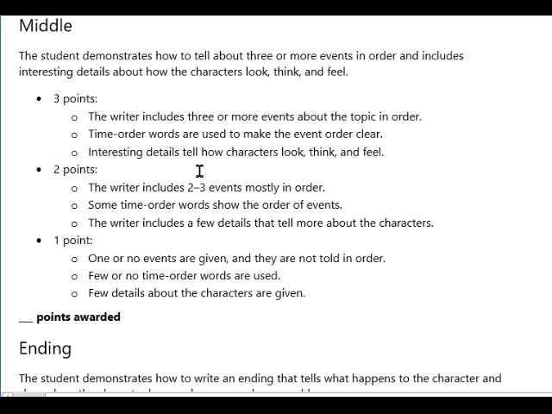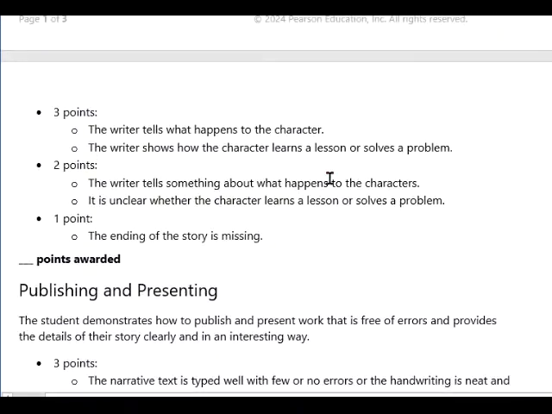Add interesting details to tell how the characters look, think, and feel. You need all of these if you want all 3 points for your middle. In the ending, make sure you tell what happens to the character and make sure you show how the character learns a lesson or solves a problem, how they feel at the end of that story.